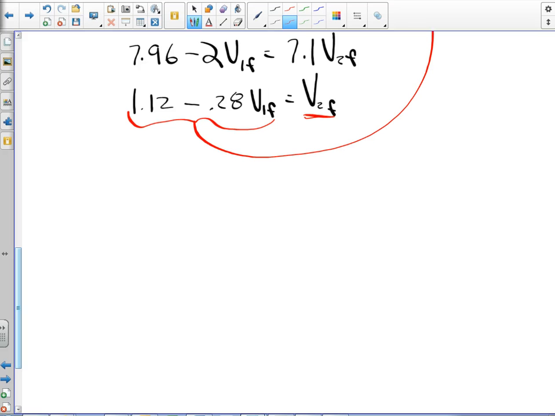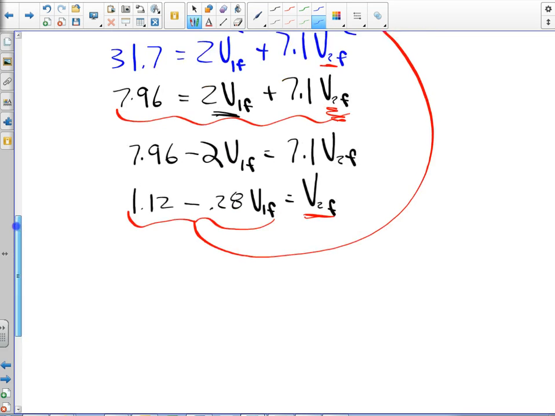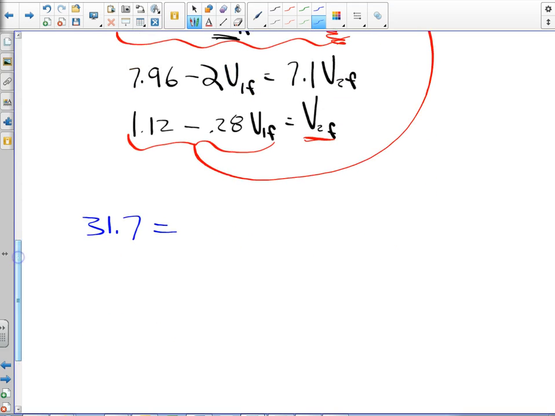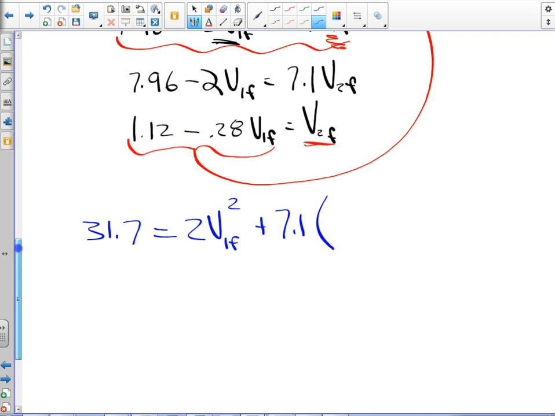So let's use different colors to our advantage here. So we are going to have 31.7 equals 2 times v1 final squared plus 7.1 times (1.12 minus 0.28 v1 final) squared.